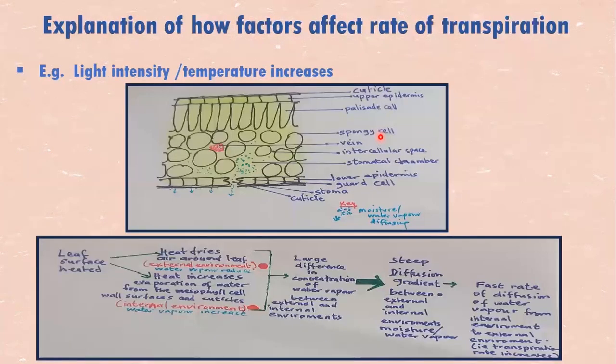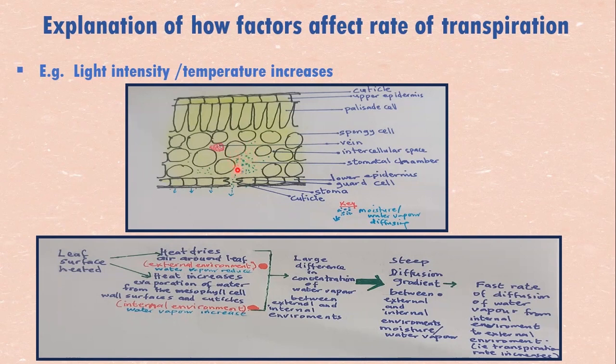And we will use light intensity or temperature first. If light intensity or temperature increases, so we have this section of leaf, we are using this as an example. If the light intensity increases, it will increase temperature, and so the air around the leaf will dry. Increasing temperature and light intensity also heats the leaf, and so water on the surfaces of the cells, the cell walls, also will be evaporating faster into the intercellular spaces.